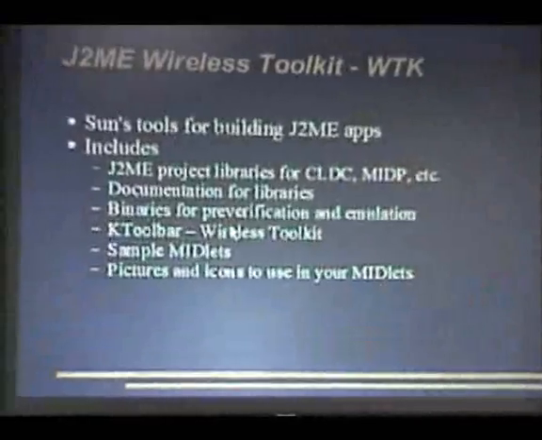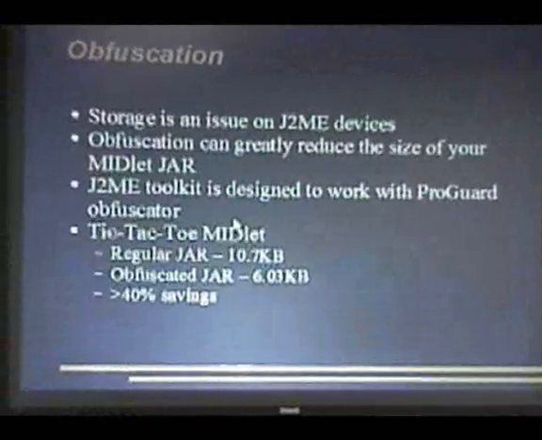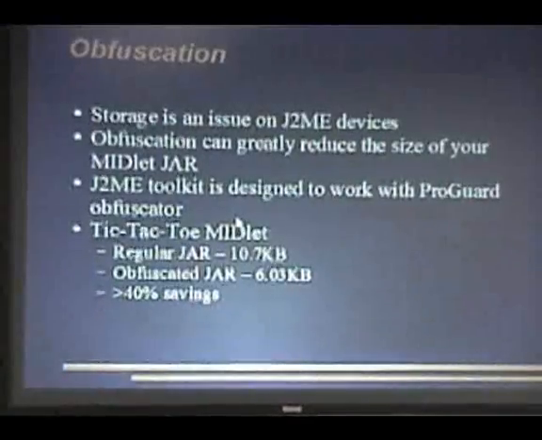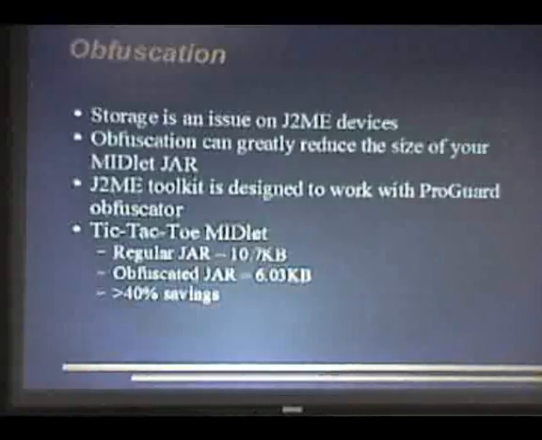Let me talk about obfuscation a little bit, because I don't want to chase a red herring with that JUnit thing until I'm done. Normally, you think about obfuscation as a way to prevent people from looking at your code by decompiling it, but obfuscation on J2ME serves a different purpose.